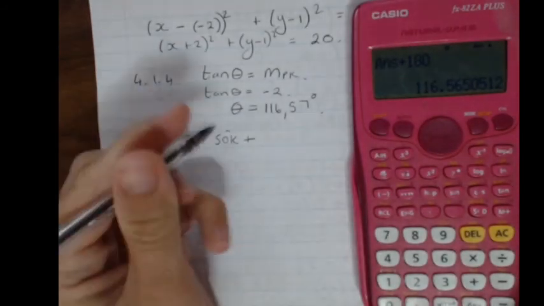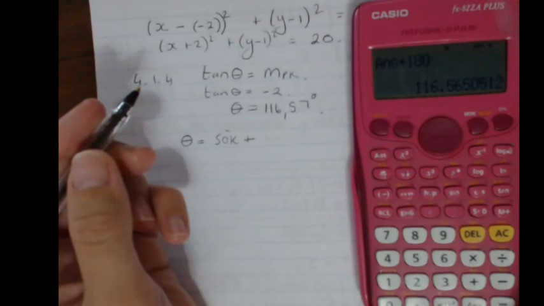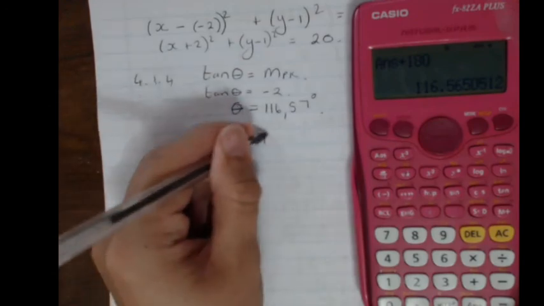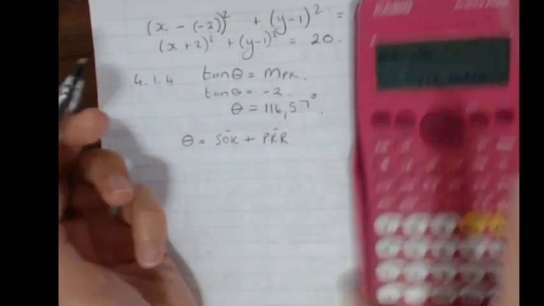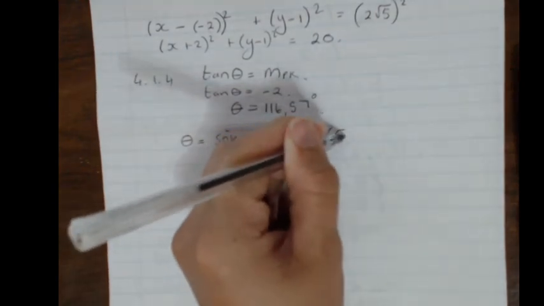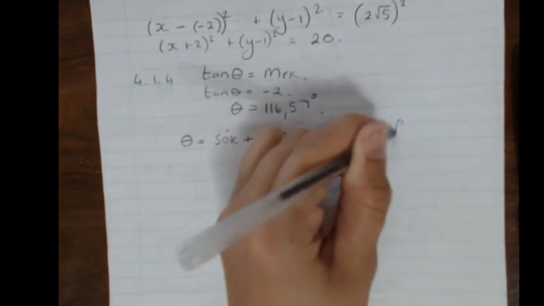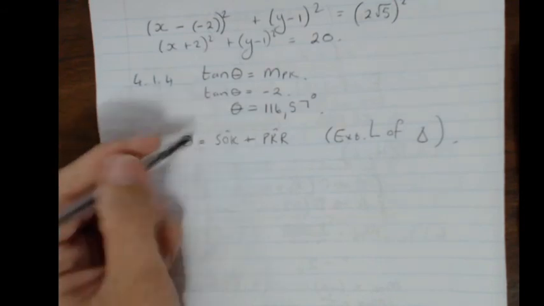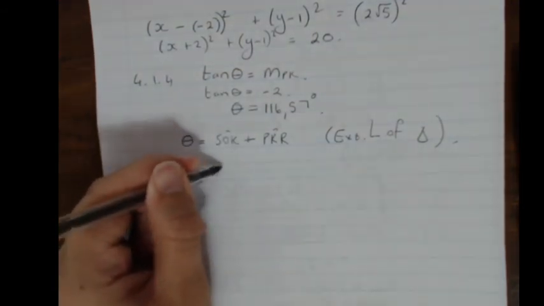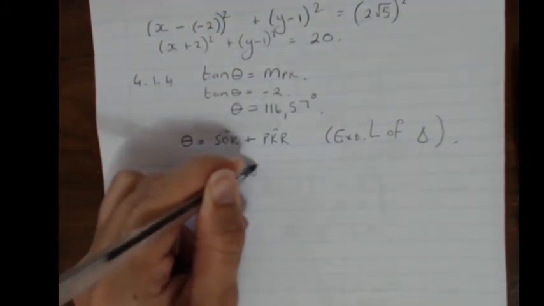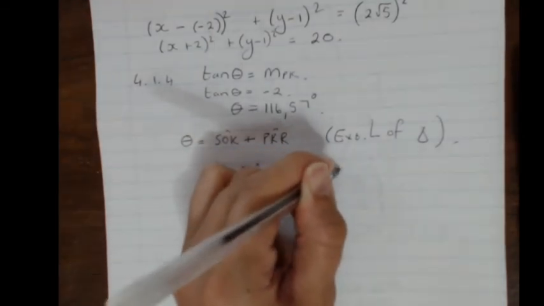And then I know that theta should be equal to SOK plus angle PKR, which I need to calculate in this question. PKR, because of the exterior angle of a triangle theorem, and then SOK is 90, because the axes are always perpendicular to one another.